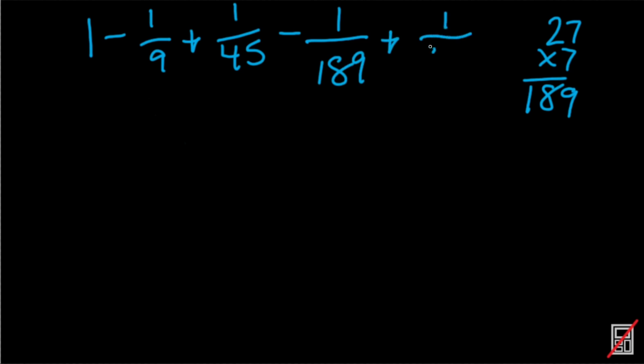plus 1 over 9 times 81, and so on. So let's do just like before. We can calculate the max and min.